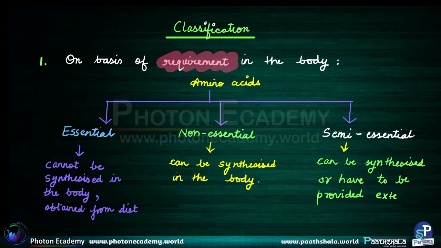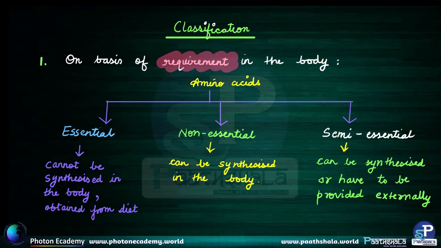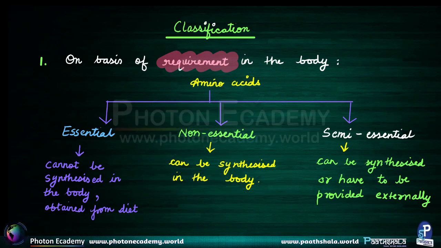That is the criterion which makes them semi-essential, midway between the essential and the non-essential ones. The semi-essential ones have to be provided externally in early childhood and in pregnant women, as they are required by the body and cannot be synthesized inside the body. So outside supply is required.